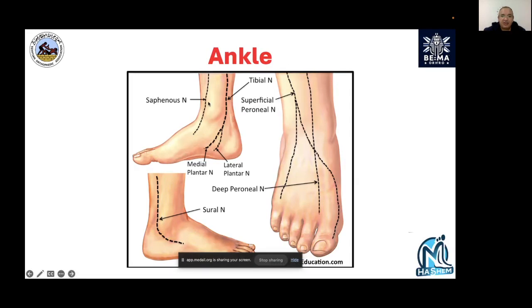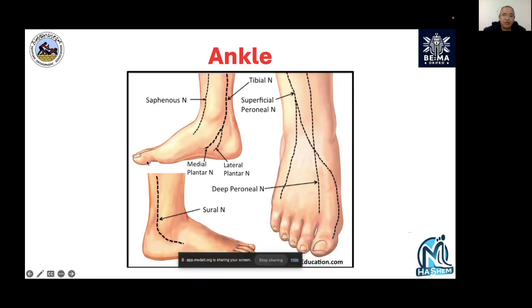So remember that the saphenous moves in front of your medial malleolus, and it can be injured during your incision. Remember that the superficial peroneal nerve comes from above and moves along the lateral intermuscular septum, comes superficially around the lower fibula, and goes along the ankle lateral to the peroneus tertius, and then starts to divide into branches, medial dorsal cutaneous and lateral dorsal cutaneous, and then the deep peroneal gives the middle dorsal cutaneous, which goes to the first web space.